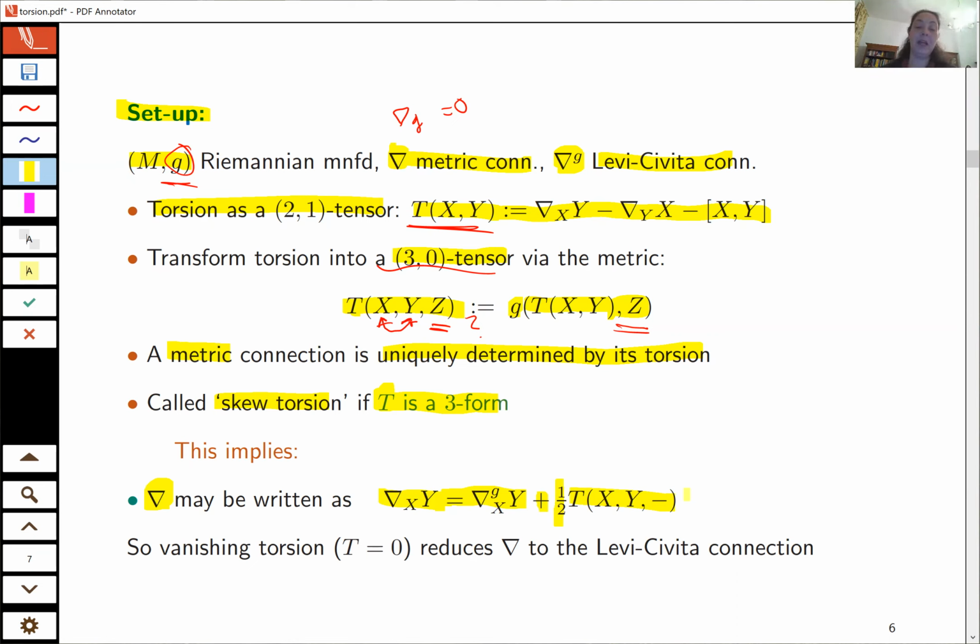Okay. In particular, we see vanishing torsion will just reduce my connection to the Levi-Civita connection. But the case of vanishing torsion should be viewed as the degenerate case. Okay, we will see what that means in examples.